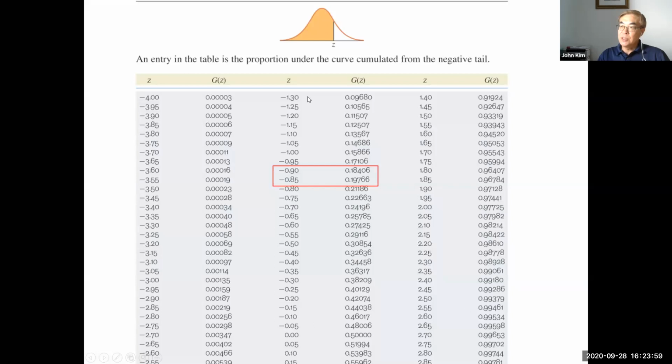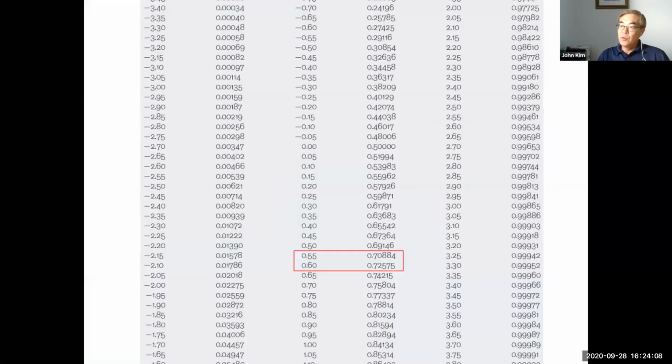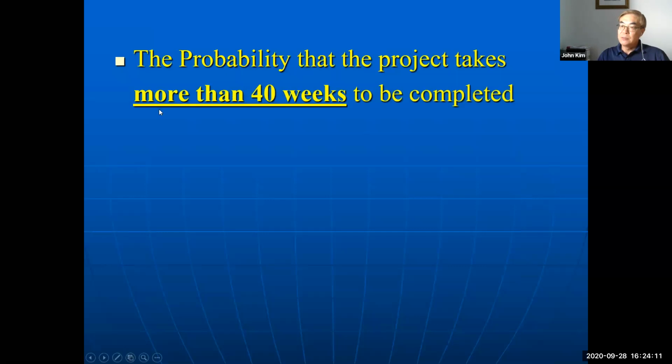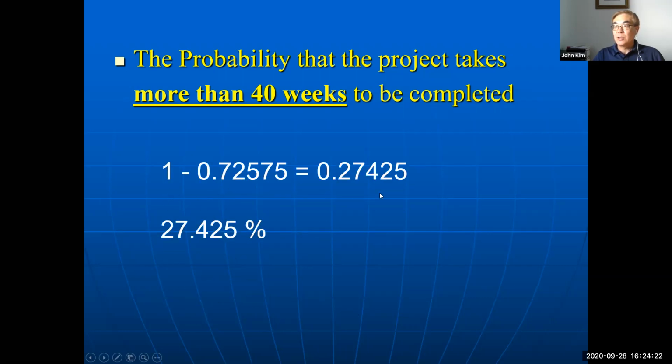So this chart gives us the left side from that boundary. So if we need the right side, because it asks longer than, greater than, more than, we need this another calculation. So 1 minus 0.72575, the left side area, equals the right side area. So the answer is 27.425%. Question?